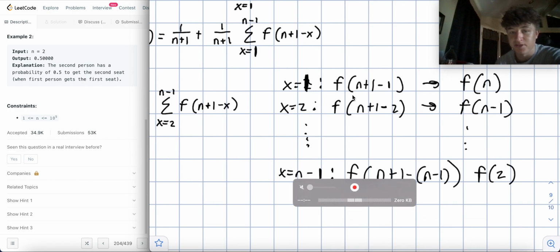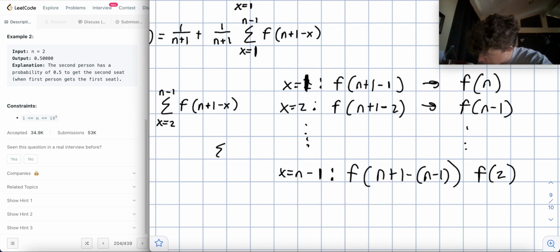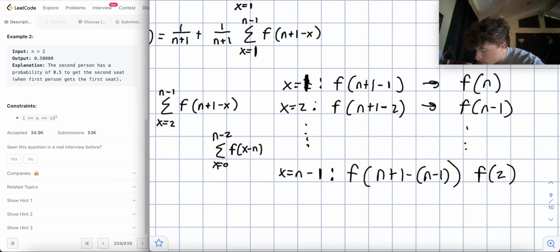If I thought about this summation in a different way, I could say, well, if we started at x equals 0 all the way to n minus 2 of f of n minus x.